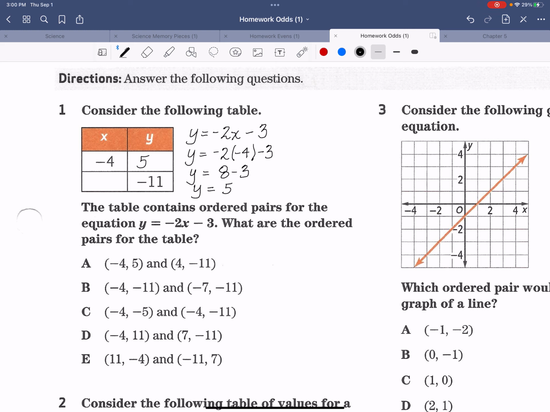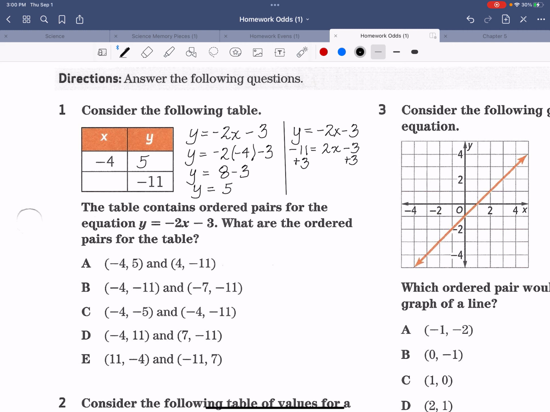I could pick the answer right there because only one of my choices fits. But let me go ahead and do what I'm supposed to, in case you're ever in the situation where you can't do that. So in this one, we're going to make y negative 11, leave the x in, and then solve for x.